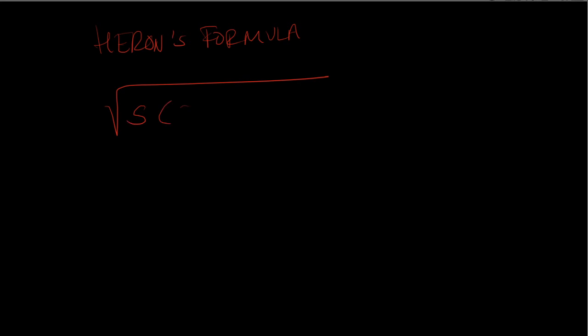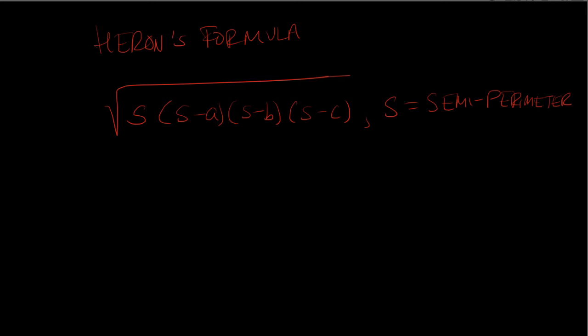Okay, next formula is Heron's formula. So this is the square root of s times s minus a times s minus b times s minus c. Here s is the semi-perimeter. So we'll explain that in a second.